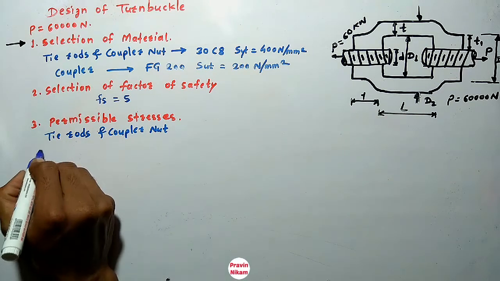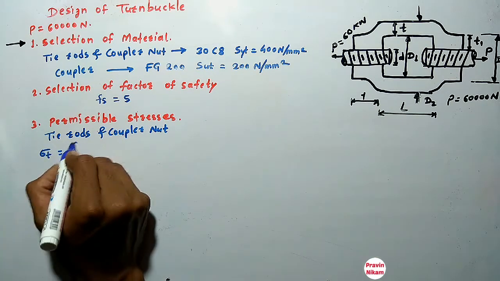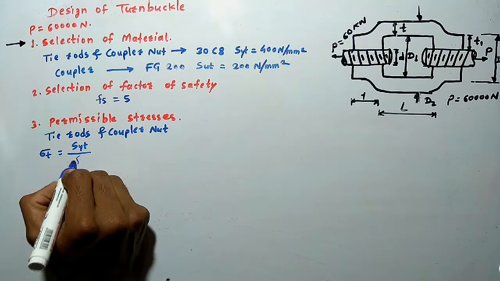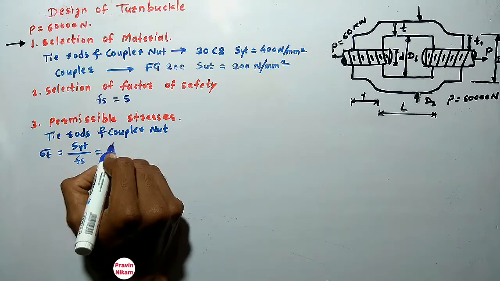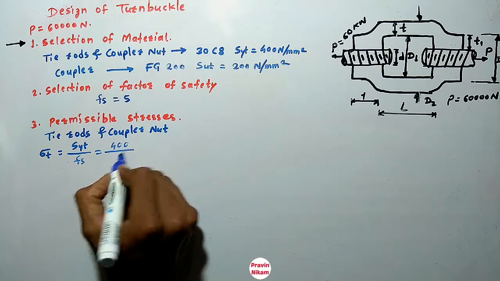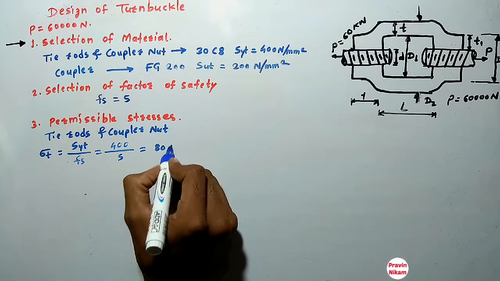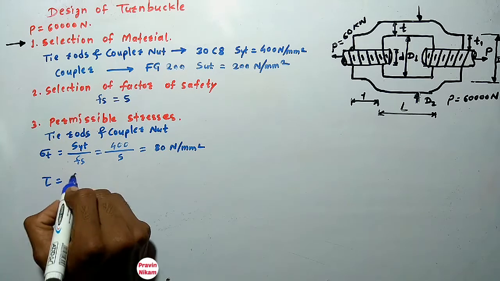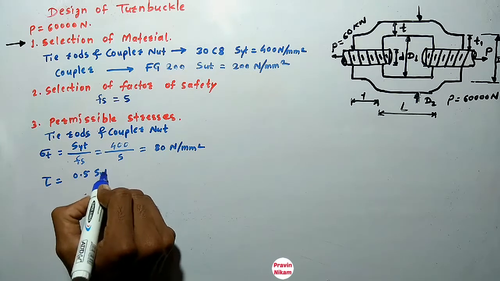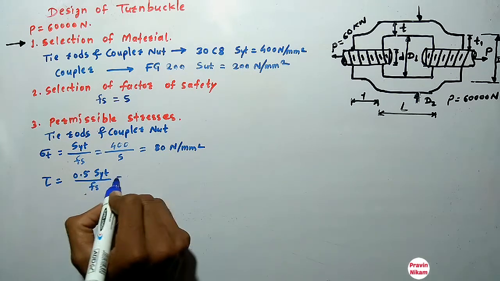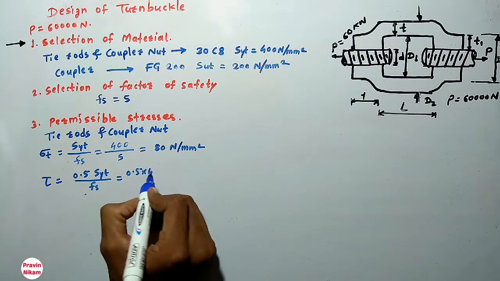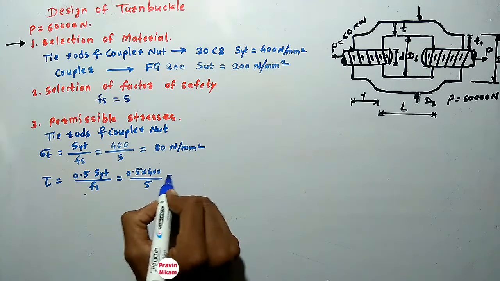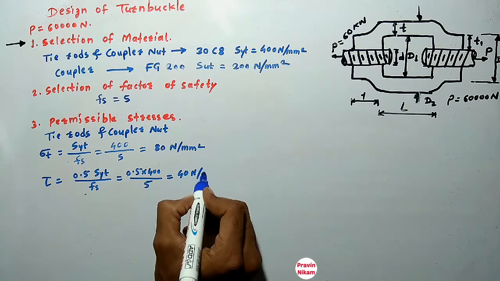For tie rod and coupler nut, sigma T is equal to SYT divided by factor of safety, that is 400 divided by 5, which is equal to 80 Newton per mm square, and tau is equal to 0.5 SYT divided by factor of safety. So 0.5 into 400 divided by 5, that is equal to 40 Newton per mm square.